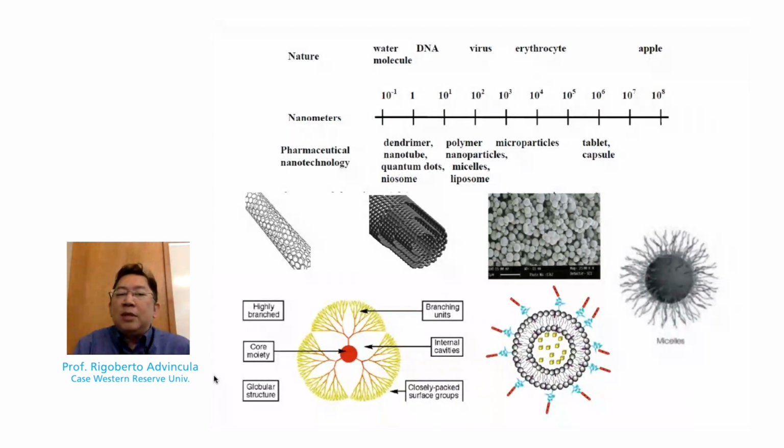In that, one can be talking about vesicles or dendrimers, or in combination of encapsulation or microparticles. We could be using natural polymers such as proteins, DNA, or even synthetic polymers like polylactides or PEO.